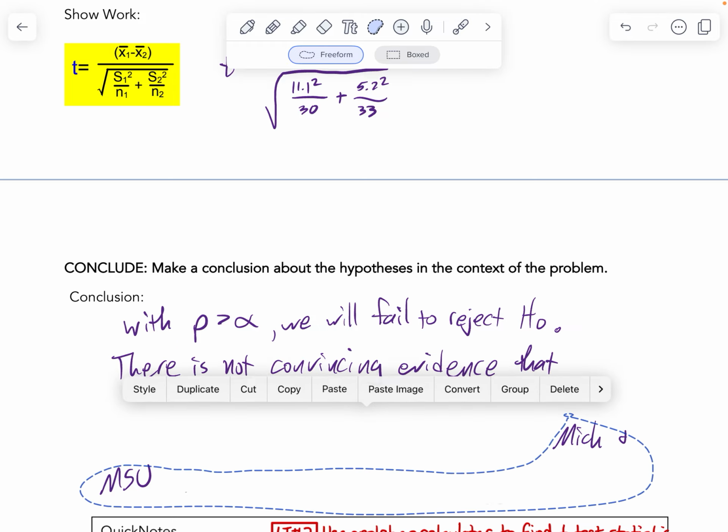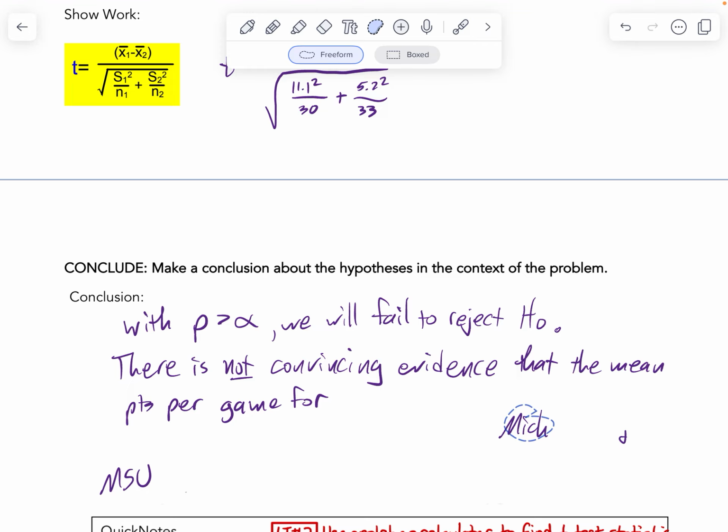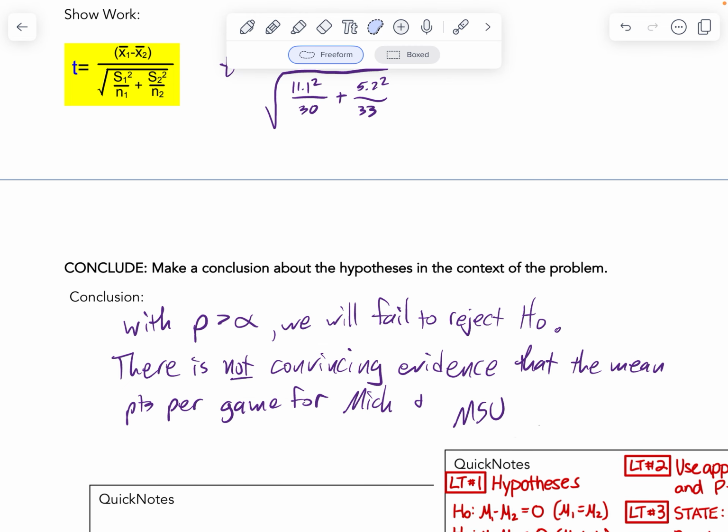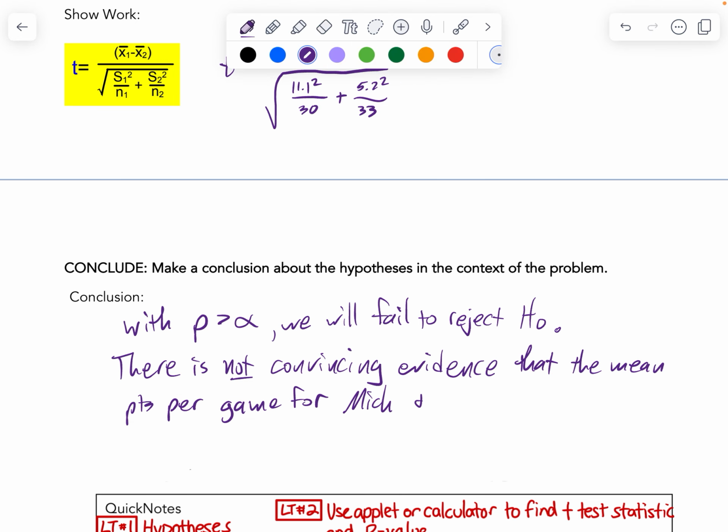That the mean points per game for Michigan and Michigan State are different.